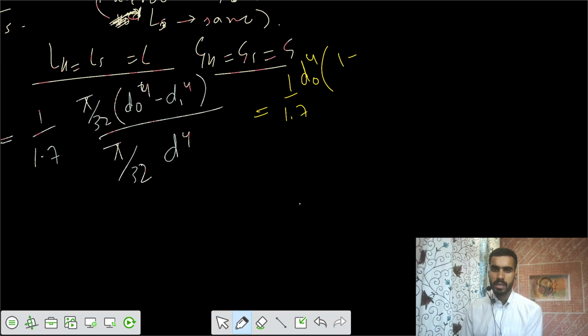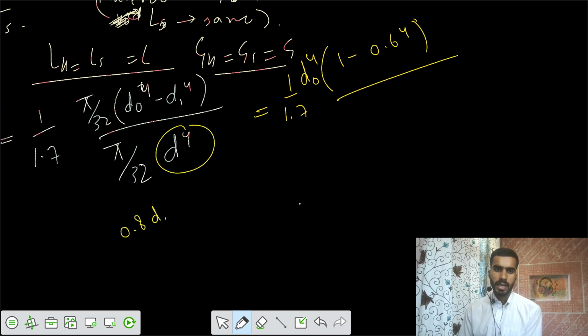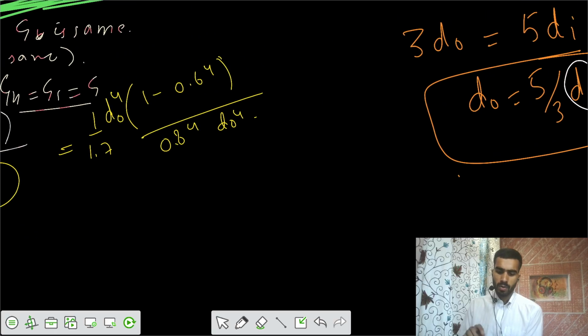So I would write 1 minus beta to the power 4, divided by 0.8 d outer, that is 0.8 to the power 4 d outer to the power 4. You can solve that: 1 minus 0.6 to the power 4, divided by 0.8 to the power 4, and divided by 1.7.